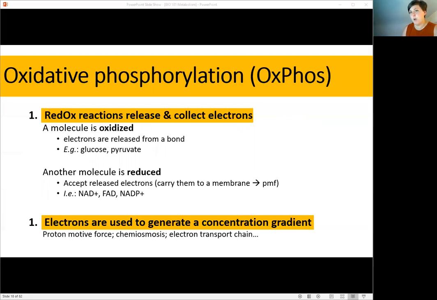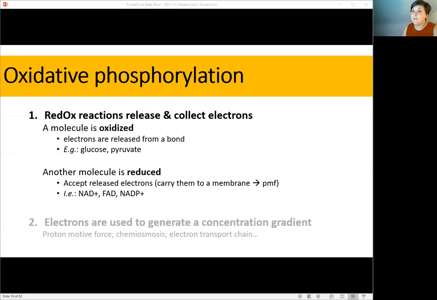So when a bond is broken or catabolized and an electron is lost from that bond, the substrate is said to have been oxidized. Since during oxidative phosphorylation, bonds are broken to release electrons, which are subsequently used to generate a concentration gradient, we call this oxidative phosphorylation, referring to the fact that the energy used to establish the concentration gradient is gained from oxidation or release of electrons from molecules.